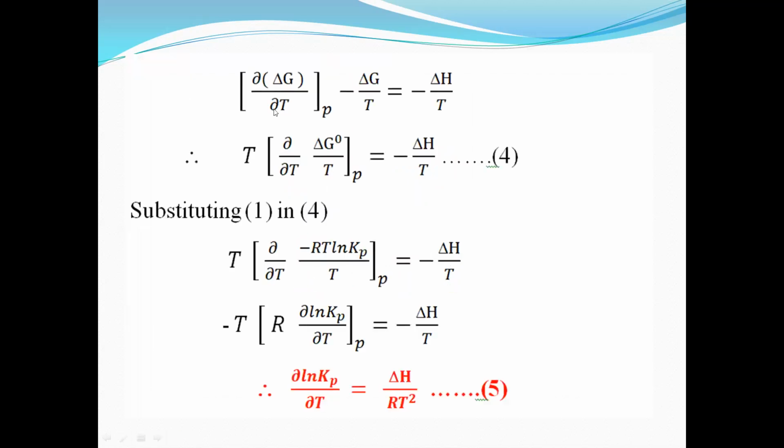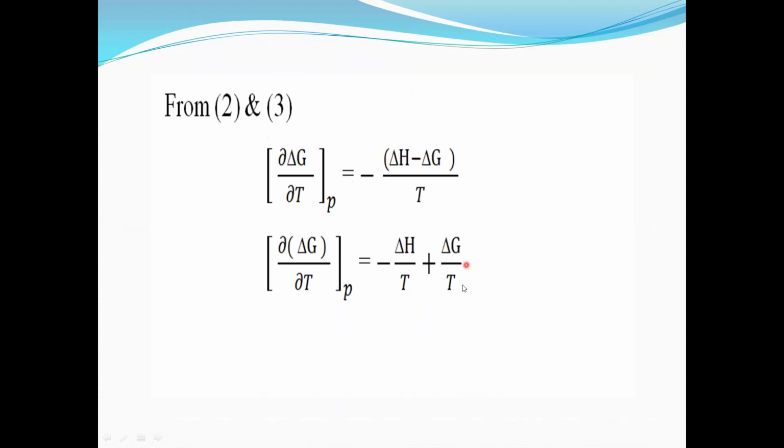Now again rearrange. So the partial derivative of delta G with respect to T at constant pressure. Now take this delta G upon T to the left hand side. Here it is plus, so on the left hand side it becomes minus.